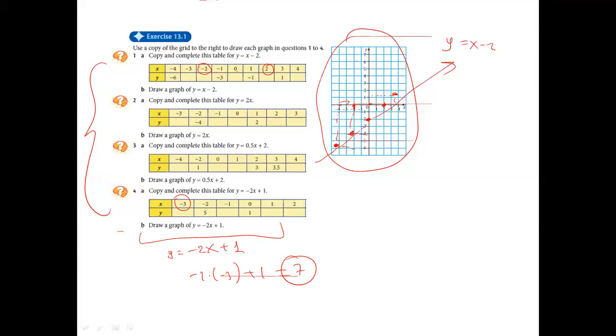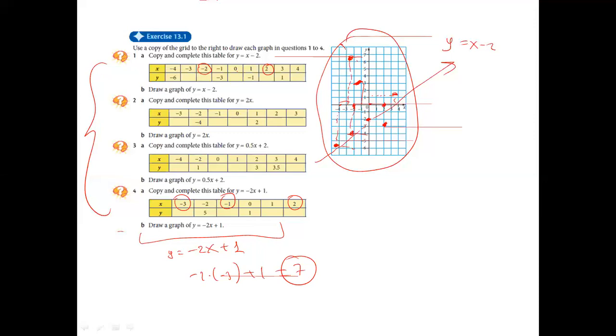It's here approximately. And when x is equal to minus 1, the answer will be 3. Am I right? Minus 2 times minus 1 is 2, and plus 1 is 3. When x is minus 1, y is 3, here. When you put 2 in place of x, 2 times minus 2 is minus 4, plus 1 is minus 3. So x is equal to positive 2 and y is equal to minus 3, here.